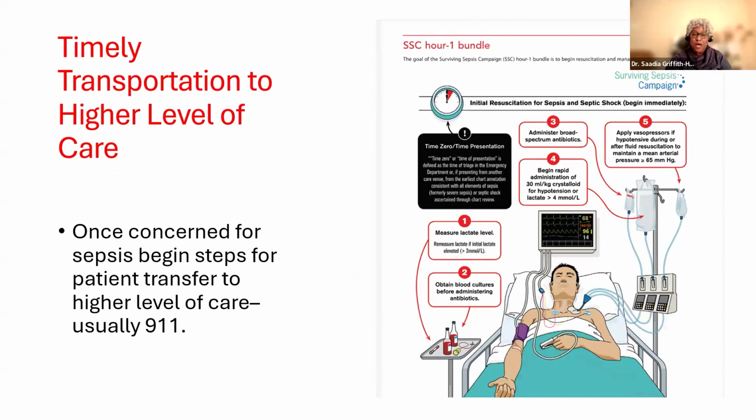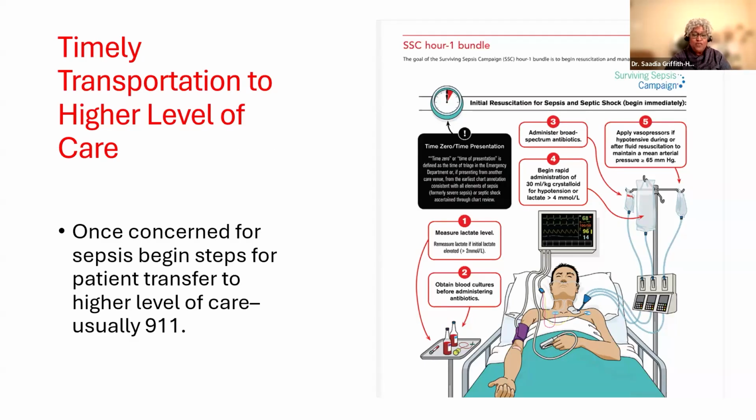So timely transport to a higher level of care, I put that in red. On the right, I have just included from the Surviving Sepsis Campaign their little graphic of all the things that should happen in the first hour of a response to a possible septic patient. Obviously, more than can happen in your clinic.